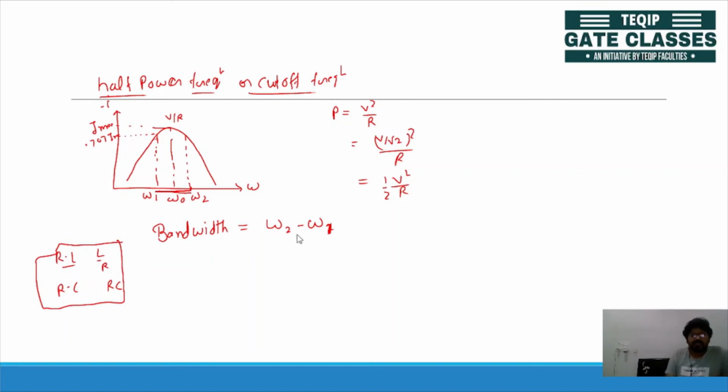Okay, now let's discuss the formula for these half power frequencies. From the previous diagram of impedance, let's say your current is V upon Z. Z means R plus j(XL minus XC).